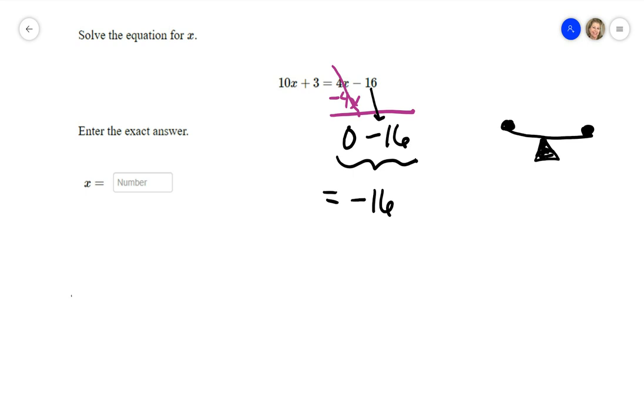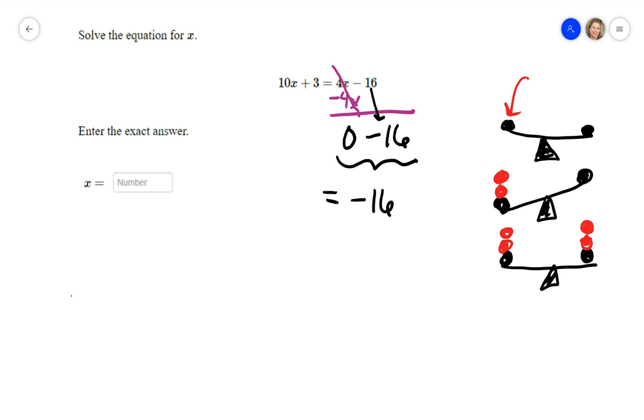But if I were to add weight on this side, now this thing is going to tip like this, because I just piled a bunch more weight on here. And now it's not in balance anymore. If you want to bring it back into balance, then whatever you did to one side, you have to do to the other to keep it balanced.